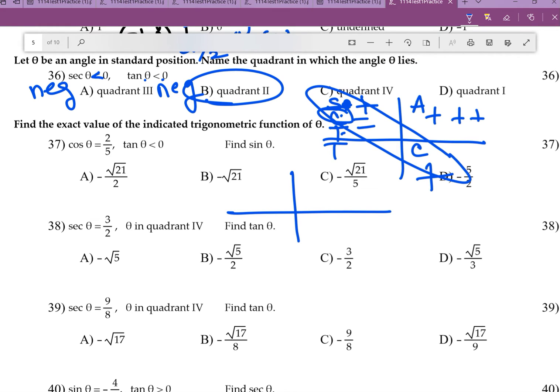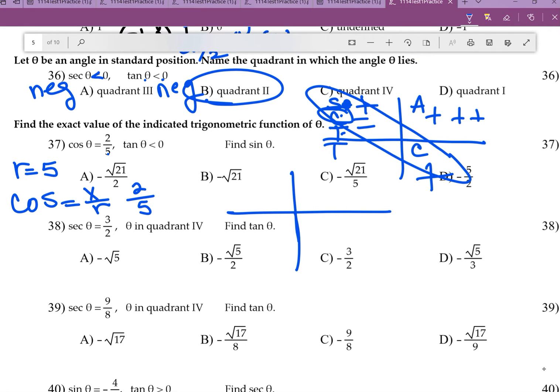It's positive, so cosine is positive, tan is negative, so actually this would have to be in the fourth quadrant. Remember the ratio for cosine is x over r. So I have x is 2 and r is 5.